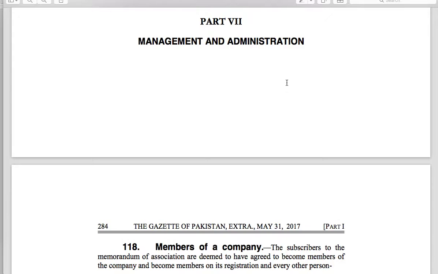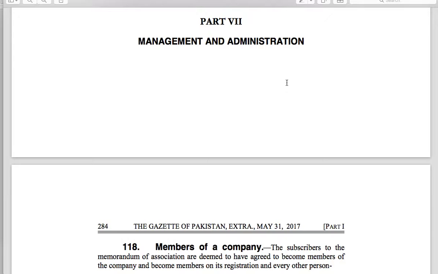So now in the next 150 sections, I'll be giving you an overview of the important aspects of managing a company from the point of view of shareholders and directors. And then when we come to section 280 onwards, which relates to winding up of a company, I will close this video so that you have a general idea of the Company Act.